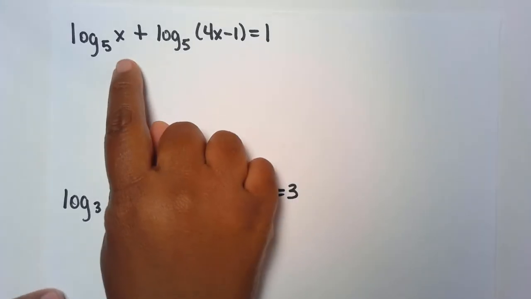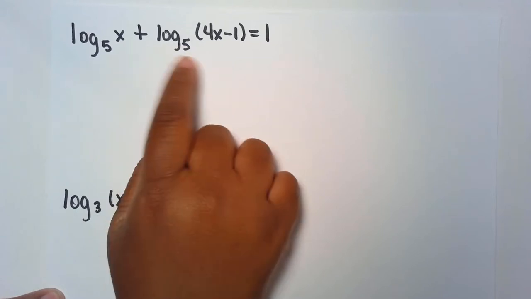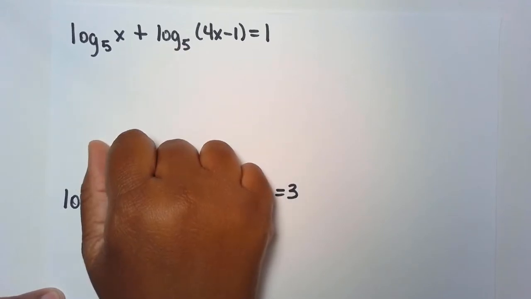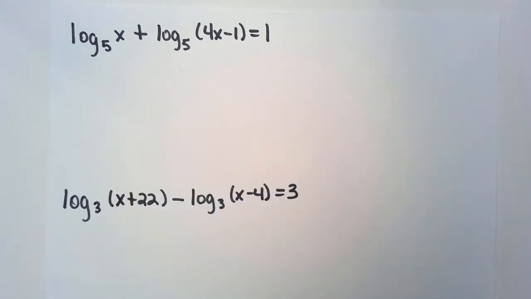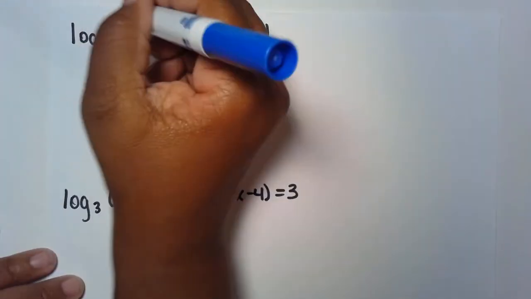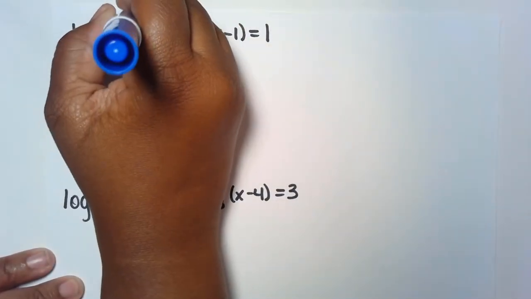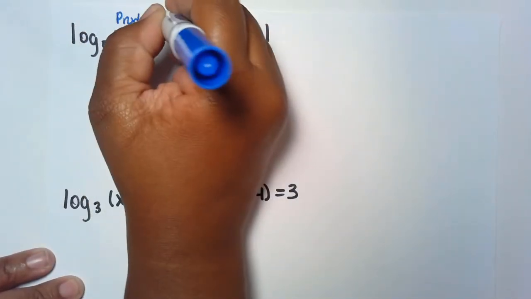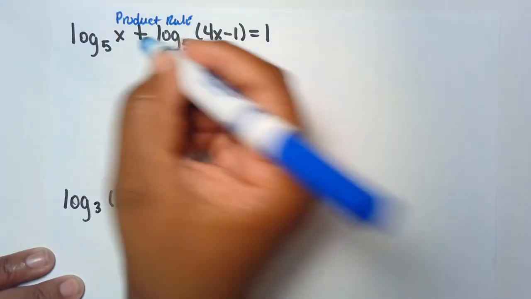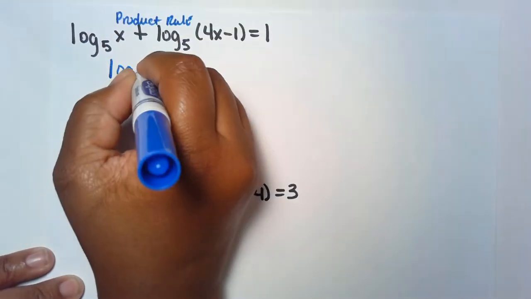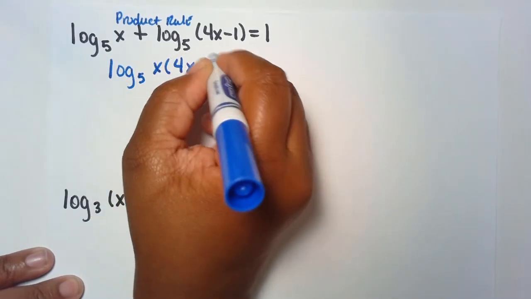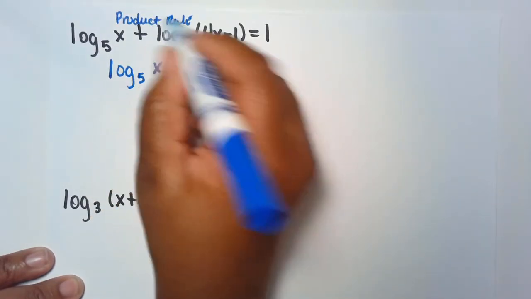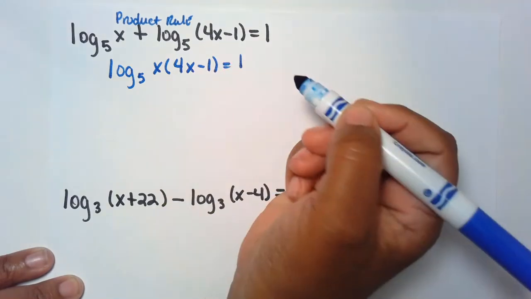So since this is addition, what rule are we going to use to make this one? We're going to condense this log. We're going to use the product rule, where we have log base 5 of x times 4x minus 1, because remember product rule, when you add you're going to multiply, equals 1.